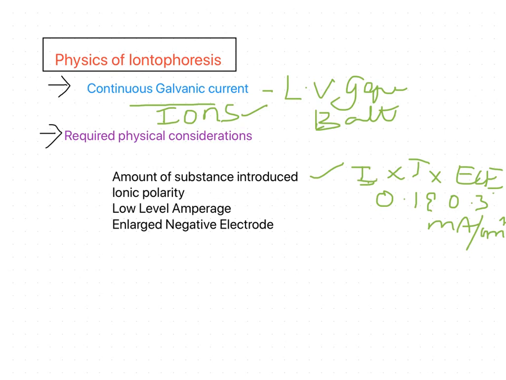Now the low level amperage: the lower the intensity of the current, the greater the amount of penetration of the ions through the skin. So intensity is inversely proportional to the amount of penetration of ions through the skin.